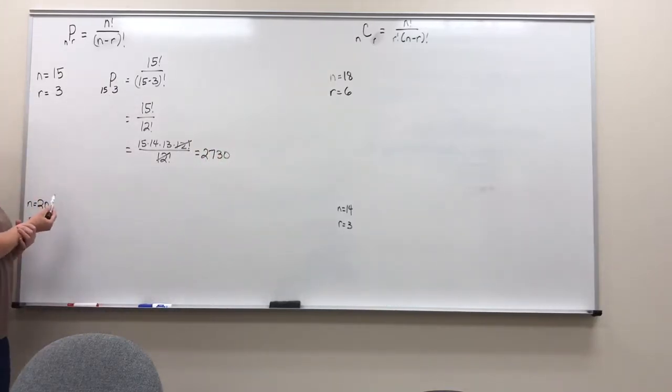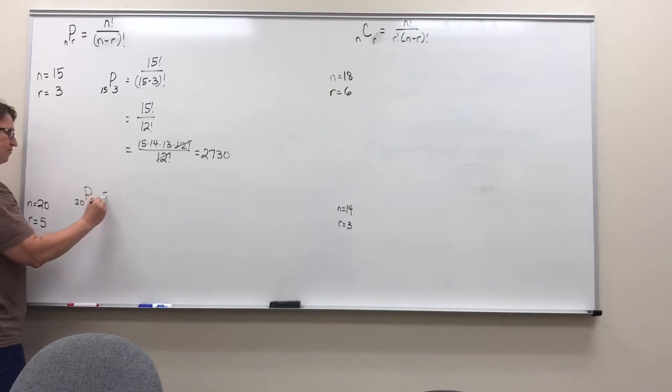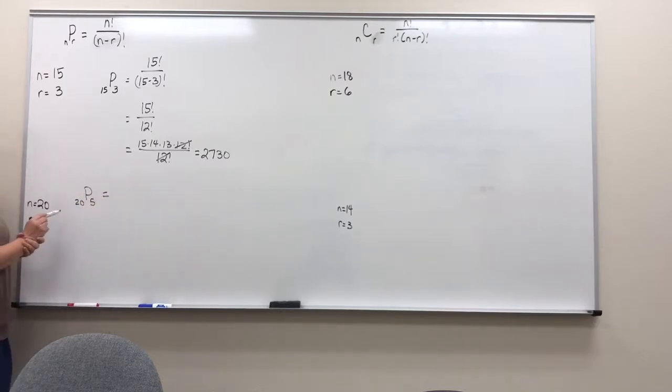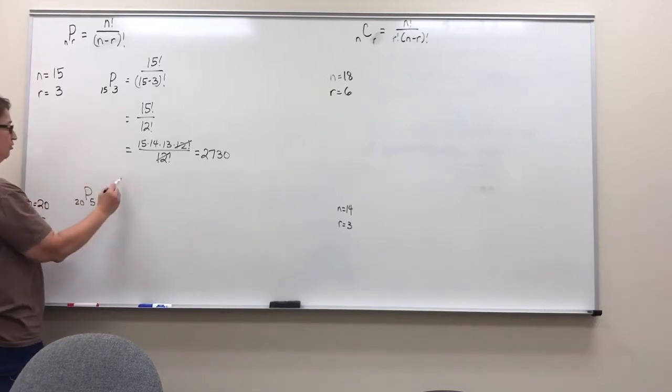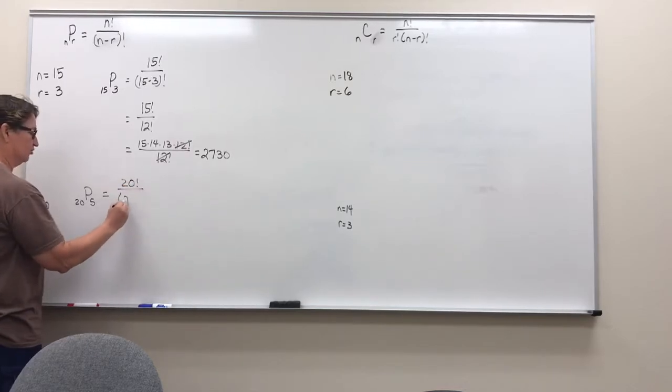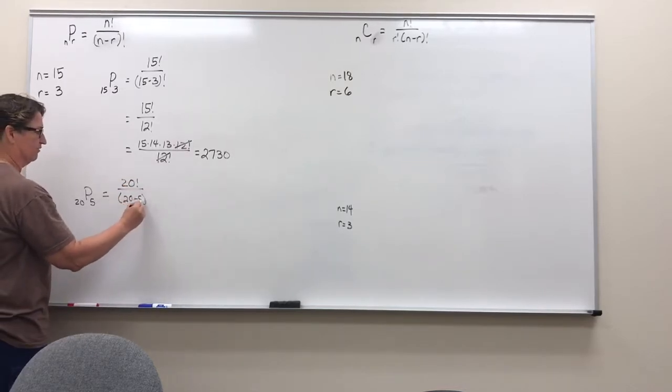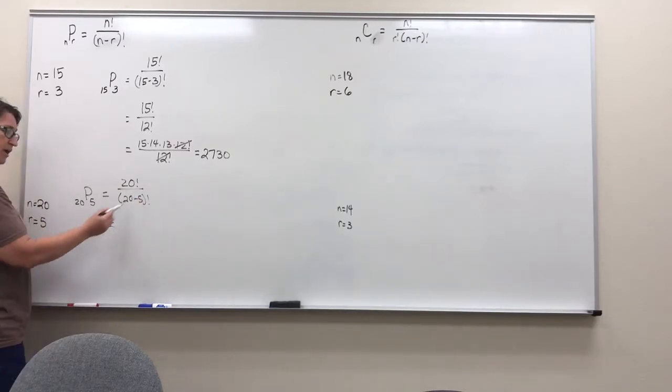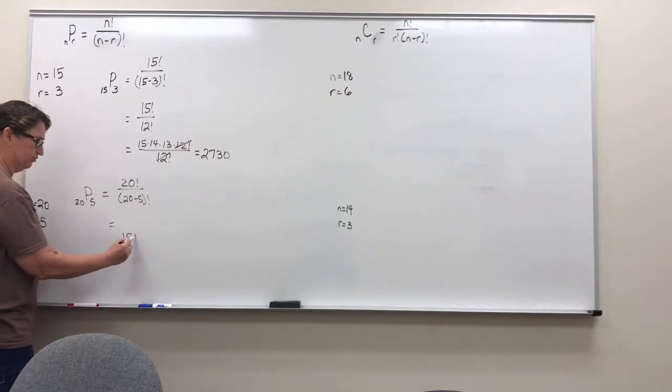Here, I'm going to just do another example where I have a permutation with 20 and I'm choosing 5. Again, order mattered somehow in the problem. So I have my 20 factorial on top and 20 minus 5 factorial on bottom. I do inside the parentheses first.